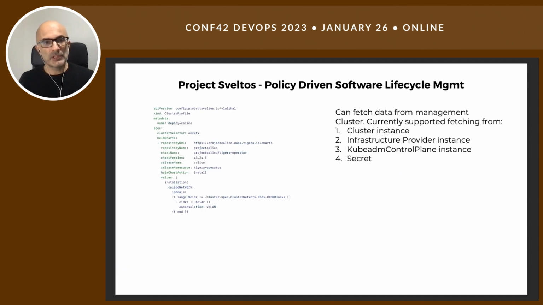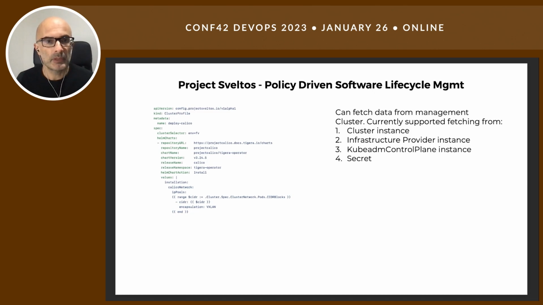Now, one thing which is important is that when you deploy a Helm chart or Kubernetes resource in many clusters, very likely you need to customize the Helm chart per cluster. For instance, if you are deploying Calico, you need to tell Calico what the pod CIDR is.